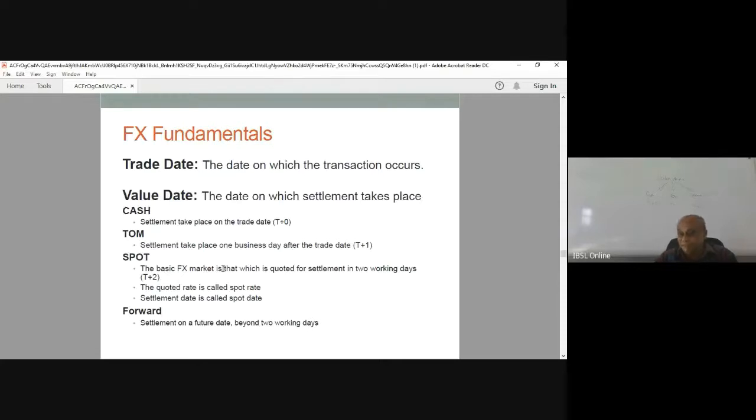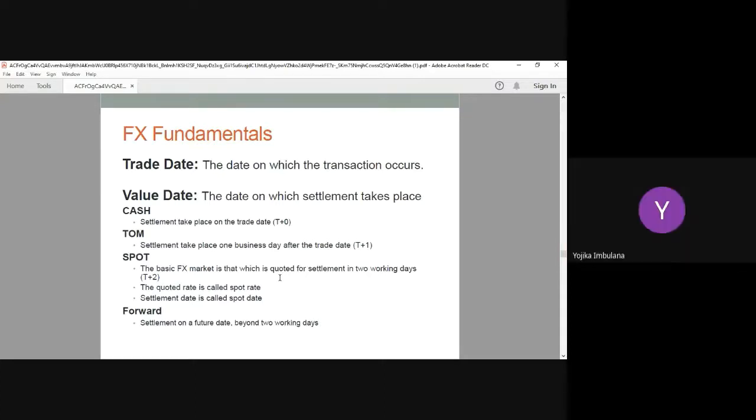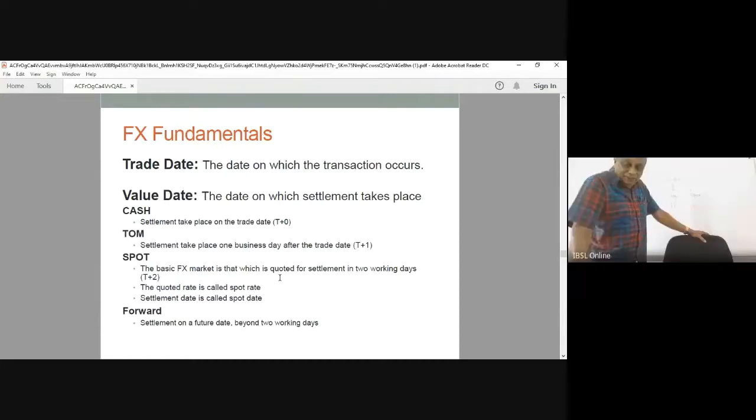Two working days. Next week, when is the poya day? Tuesday. Tuesday is a poya day. So we are doing a transaction where the transaction date is Monday.